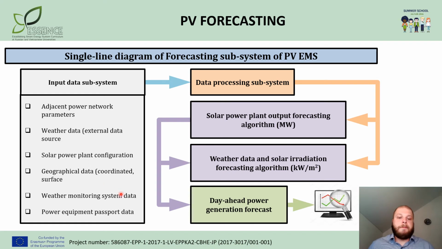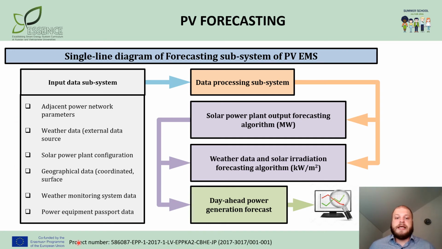And finally, power equipment passport data, including the passports of photovoltaic panels, gives us a general understanding of the operation state of each specific panel. Actually, this is needed to calculate the total output capacity of the photovoltaic power plant.